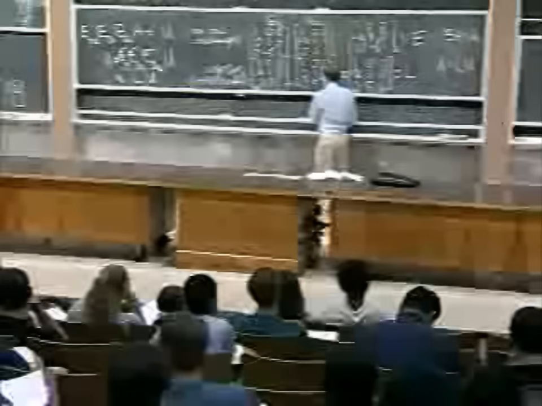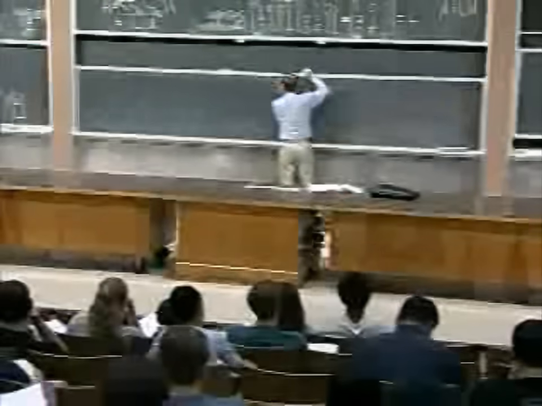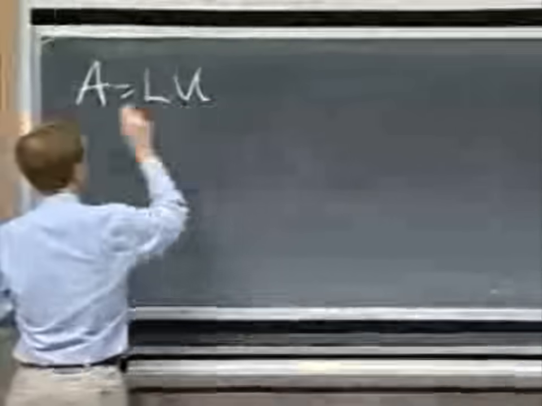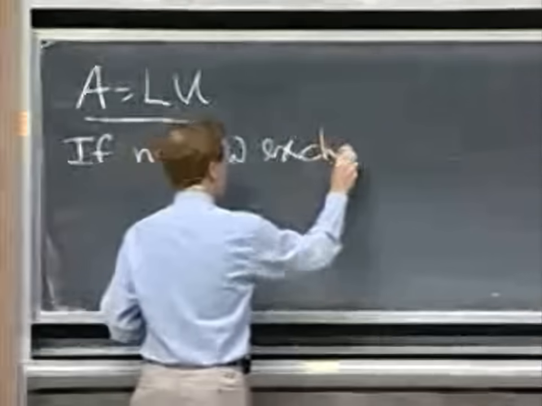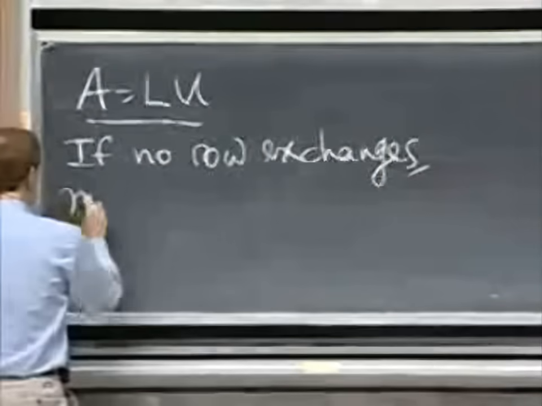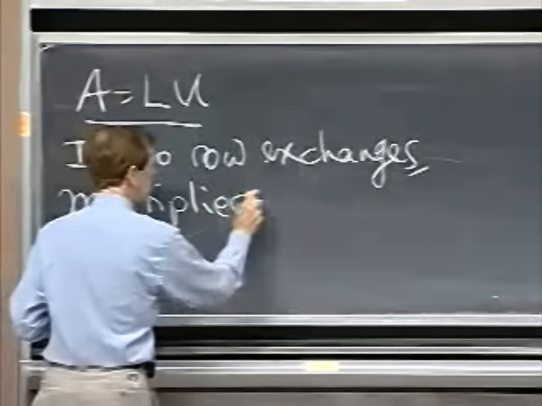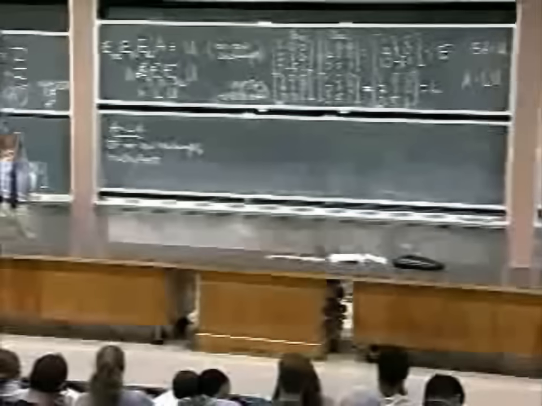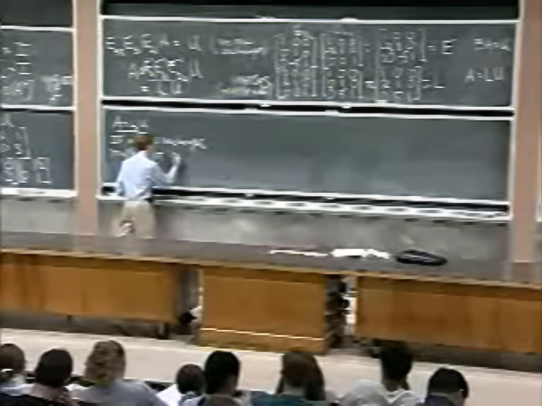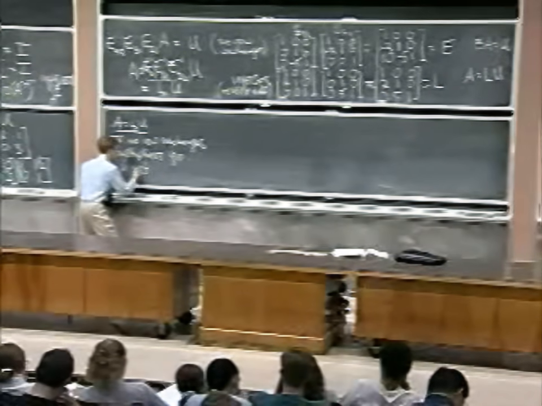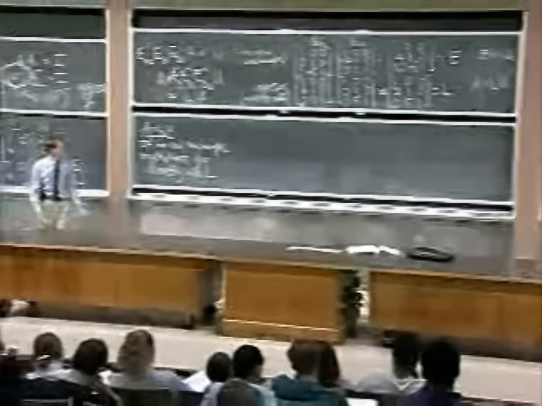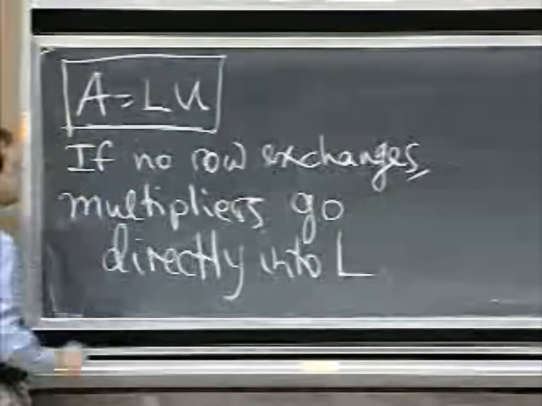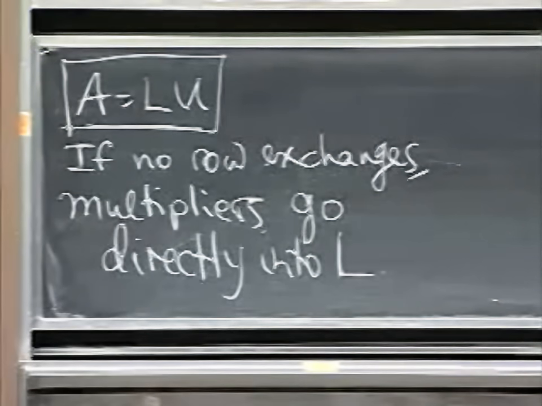So let me say it. This is A equal LU. If no row exchanges, the multipliers, those numbers that we multiplied rows by and subtracted when we did an elimination step, go directly into L. This is the way to look at elimination.